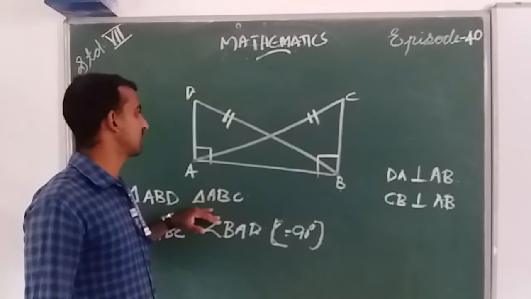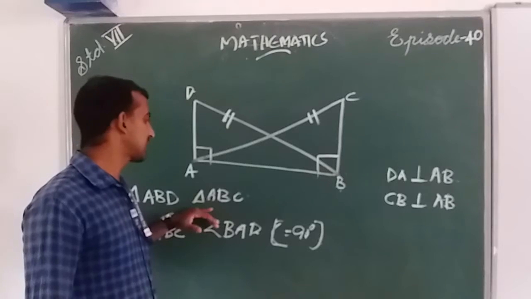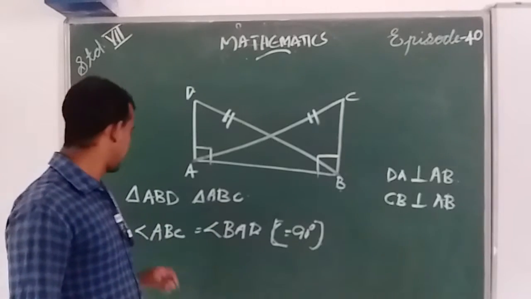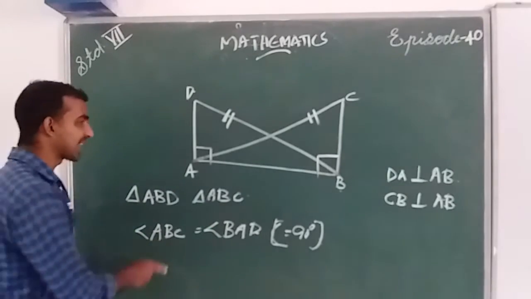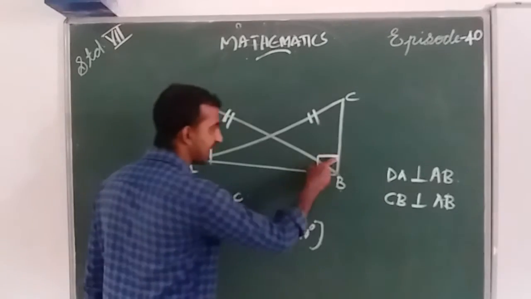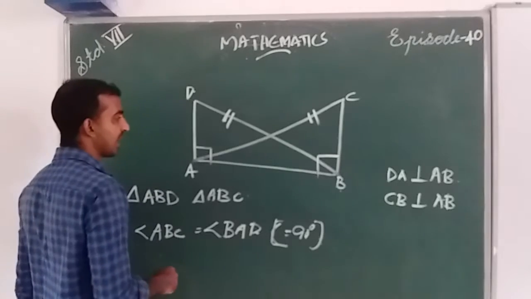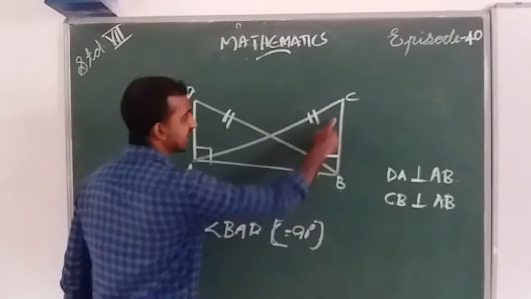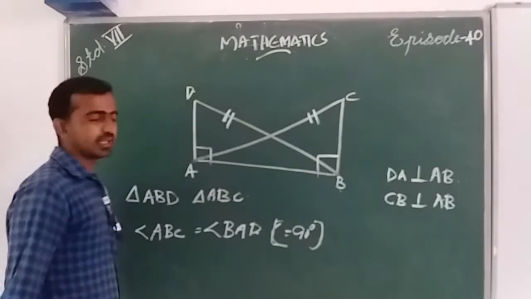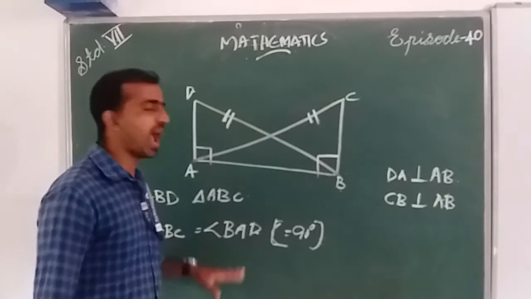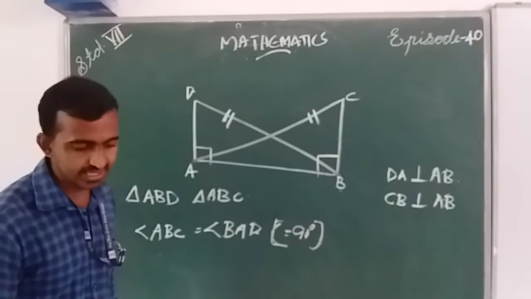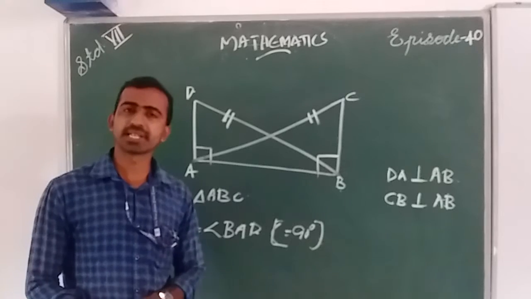When we consider triangles ABD and ABC, angle ABC, that is angle B, is 90 degrees and also angle BAD is 90 degrees.